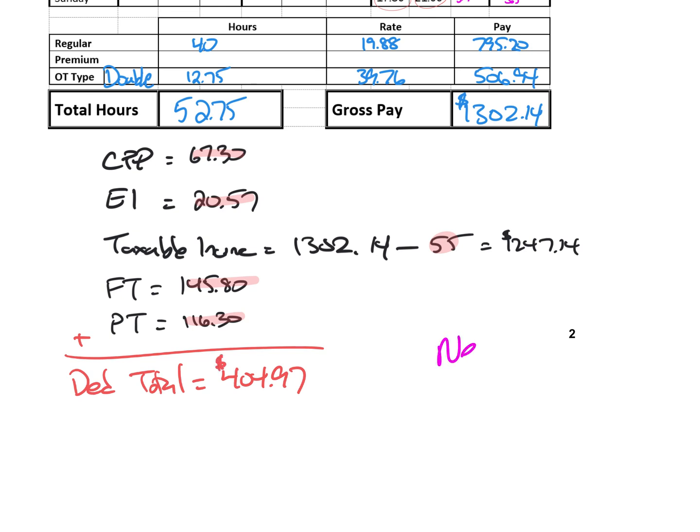So then the net pay is going to be $1,302.14 less $404.97. We get a net pay of $897.17. And there we go.